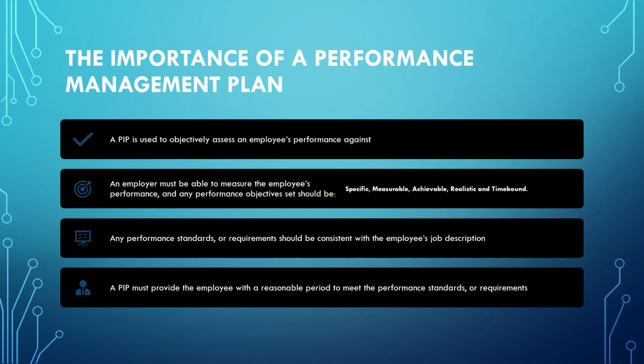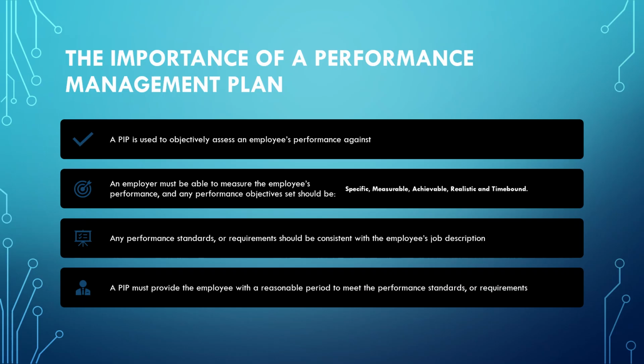The importance of a performance management plan. A performance management plan, improvement plan or PIP is used to objectively assess and identify an employee's performance. An employer must be able to measure the employee's performance, and any performance objectives set should be SMART: specific, measurable, achievable, realistic, and time-bound.